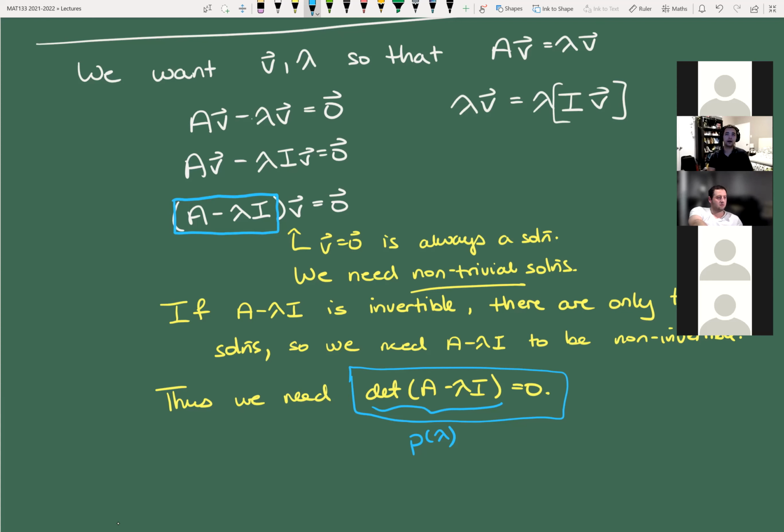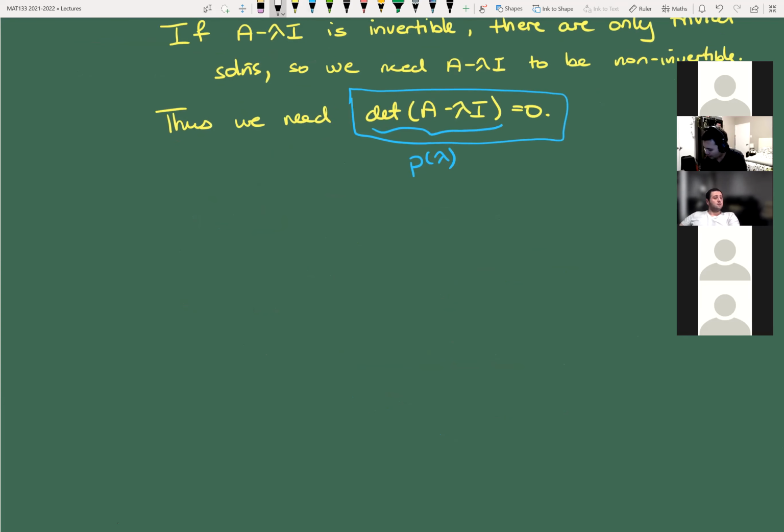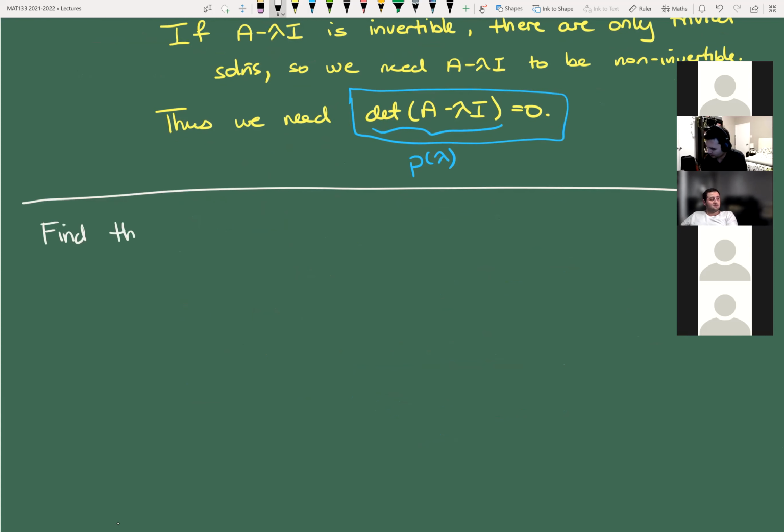Hold on, I think I might have just made one. Okay, hopefully this works. I make no promises. I made this on the fly. Okay, so let's say find the eigenvectors and eigenvalues of this matrix.